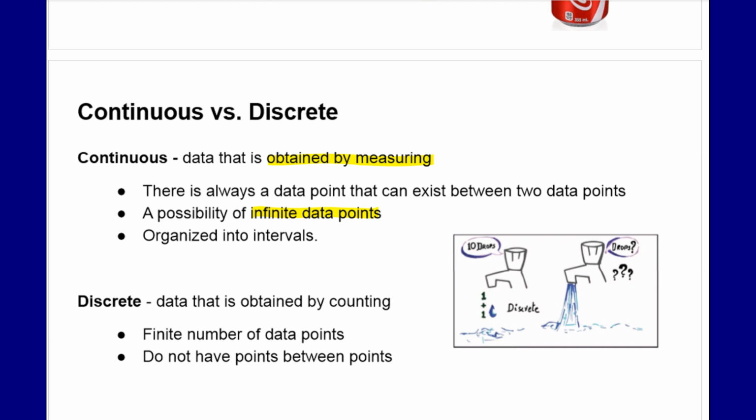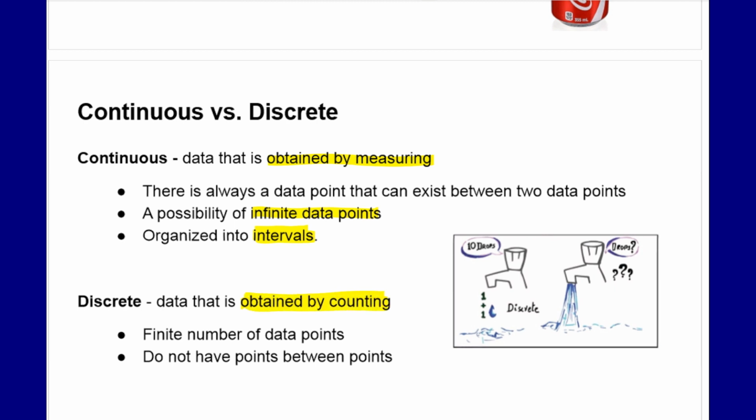When we look at continuous data, we organize it into intervals. We think back to our histograms. Our histograms are in intervals, or ranges of data rather than specific amounts. So that's continuous data. Discrete data, which is what we've looked at before, is obtained by counting.